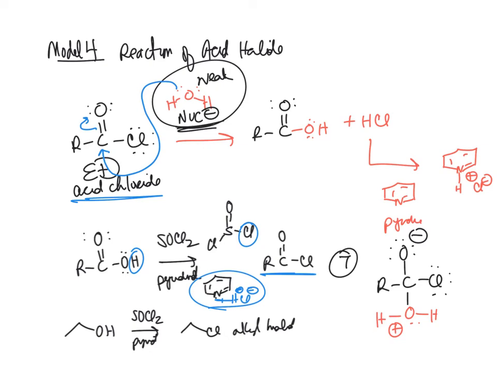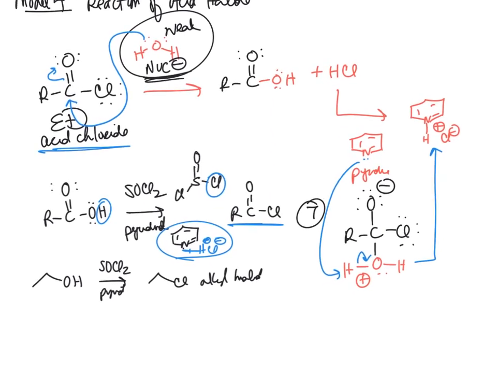Draw curved arrows to show electron movement from the first step through the tetrahedral intermediate that gives the product. So what I would do here is show the pyridine deprotonating, and I would show that going there, and then I would redraw for my mechanism.